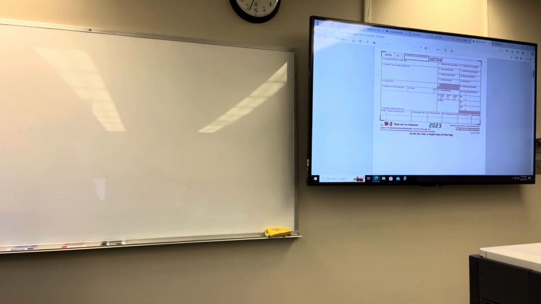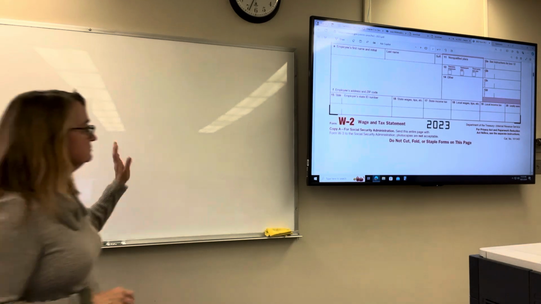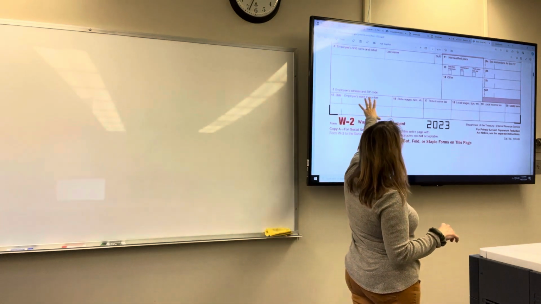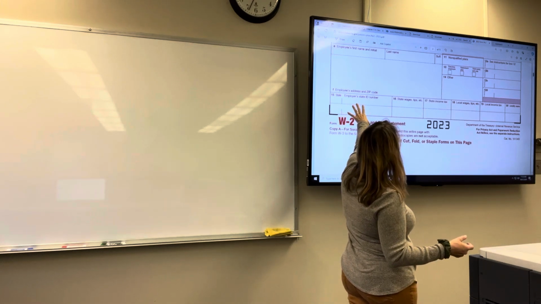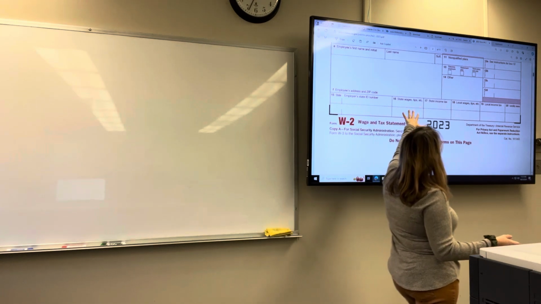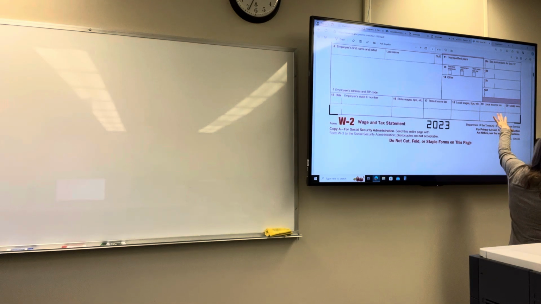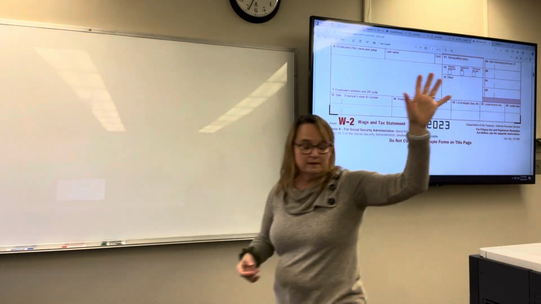So just kind of as a reminder, here's what a W-2 looks like. All of that information at the state level goes here. We have IA, and then if the employer has a separate state ID number, which they probably do if they've got withholding, they're going to have a separate state ID number in Iowa. State wages, state income tax. We don't have any local wages. We don't have any local income tax, so none of this would be filled out for Iowa. Okay?